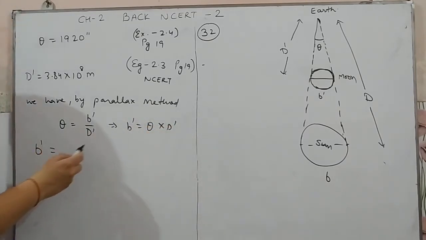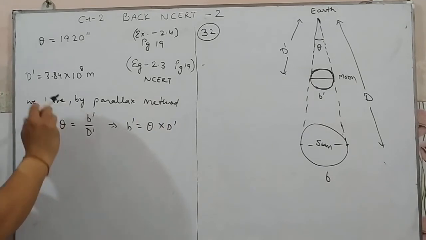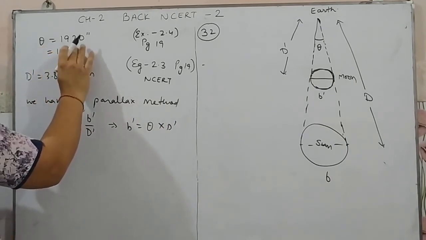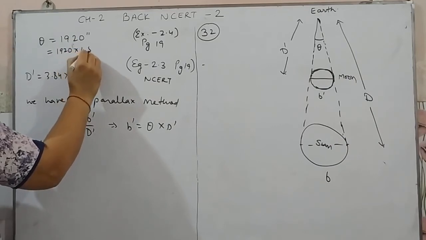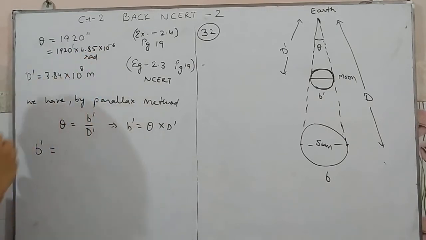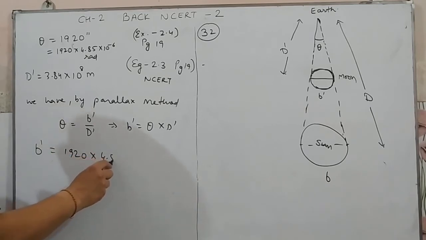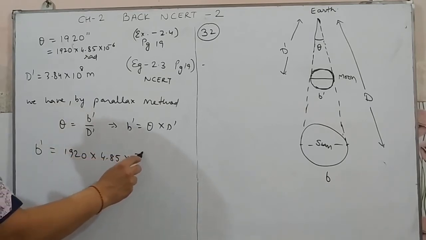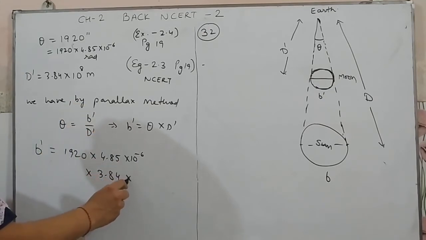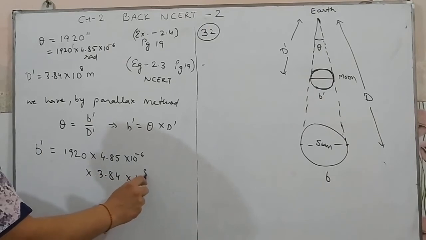So b dash equals 1920 × 4.85 × 10^-6 radians, multiplied with d dash, which is 3.84 × 10^8 meters.